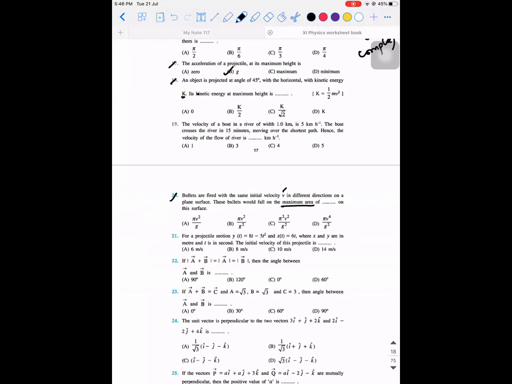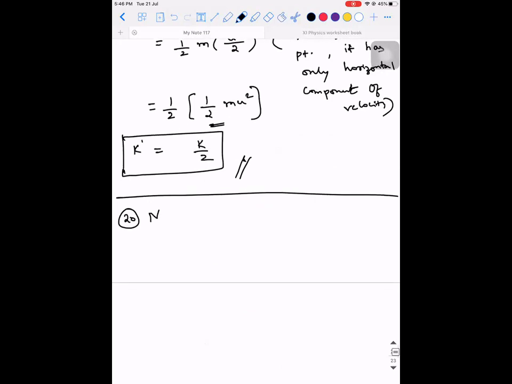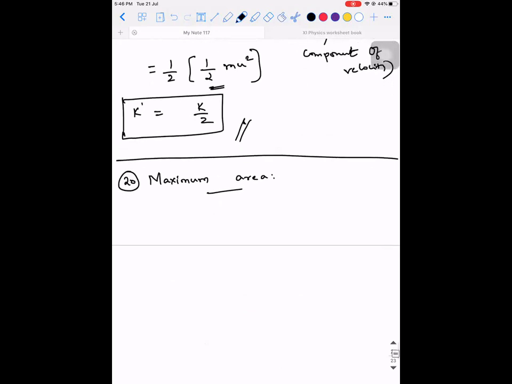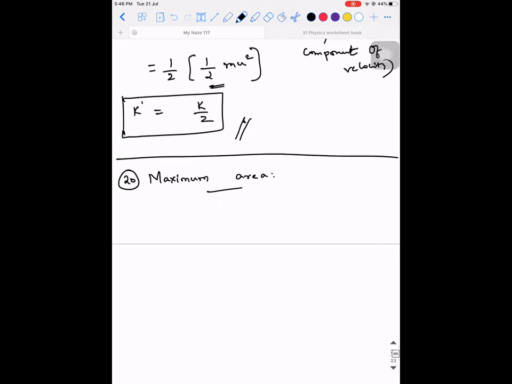So for you to attain the maximum area, the maximum area will be pi r square, where r is the range. So when can the area be maximum?